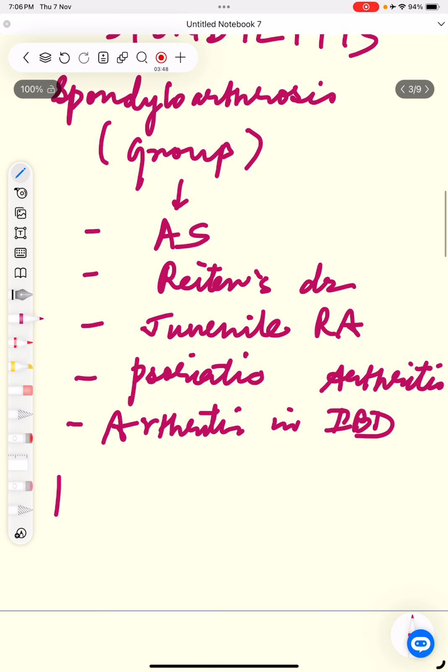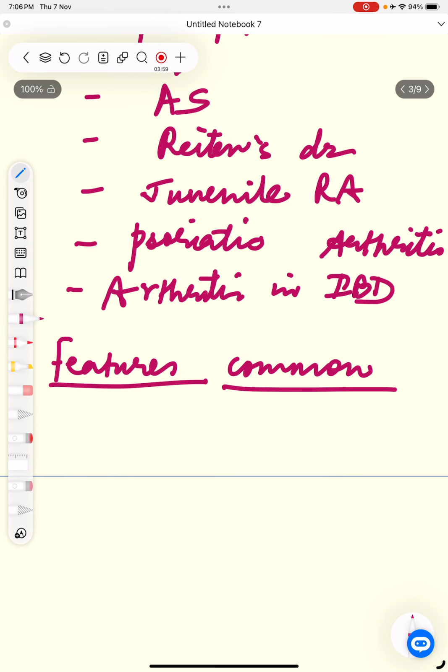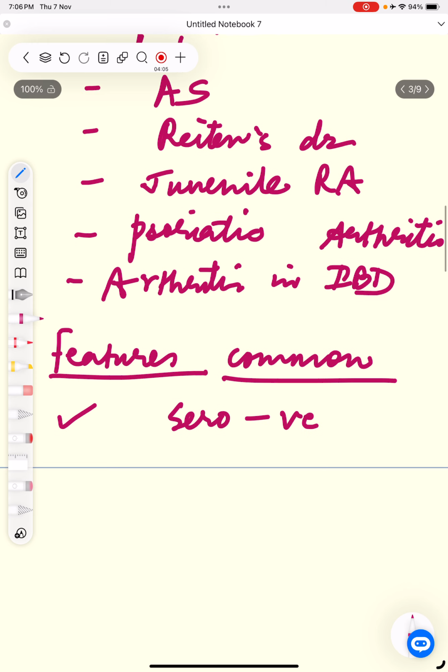Now we'll first discuss features which are common to all five of them, and then we will talk individually on ankylosing spondylitis. All of these are seronegative conditions. All of these will be HLA-B27 positive.